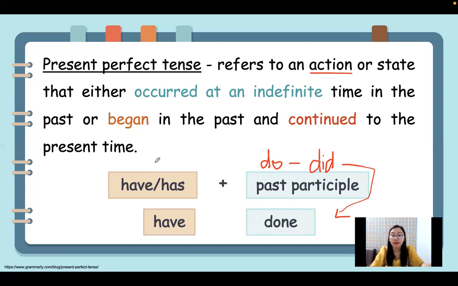So how do we make a present perfect tense? We need have or has, and then the past participle of the verb. Has is for singular nouns, have is for plural nouns.